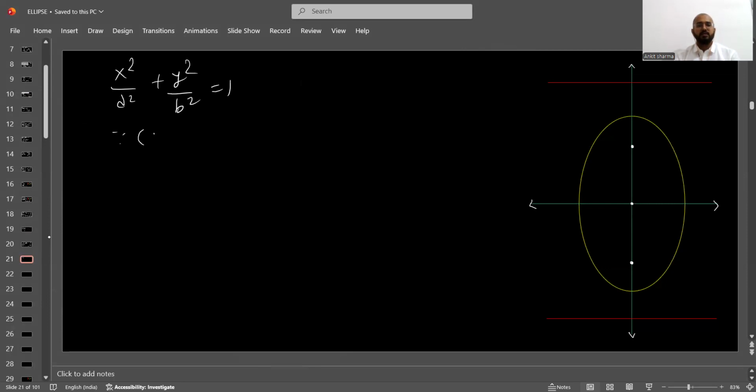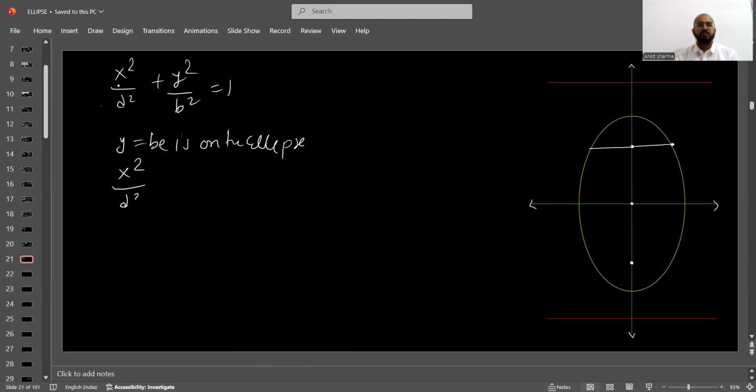Since the line y is equal to be is on the ellipse, I can plug in here.